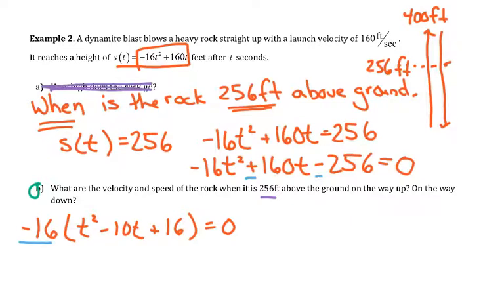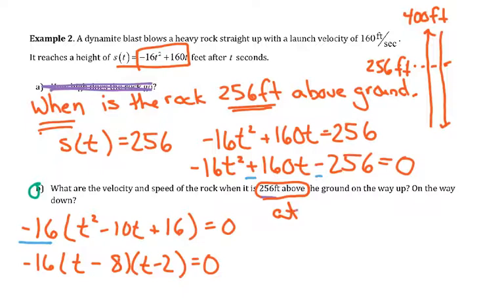So this does factor. T minus 8, t minus 2. So the time, the when, this happens at two different times, at t equal 2 seconds and t equal 8 seconds.